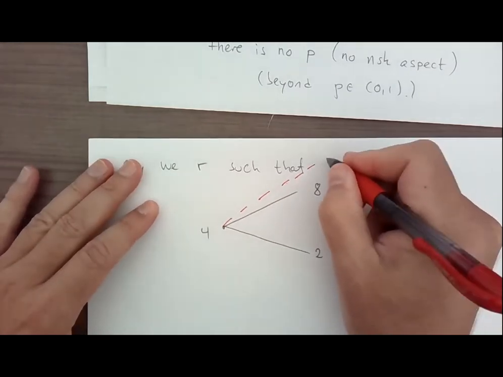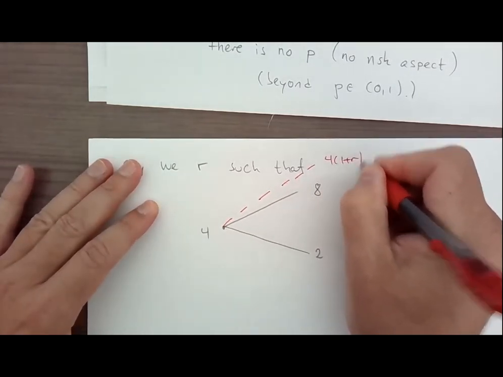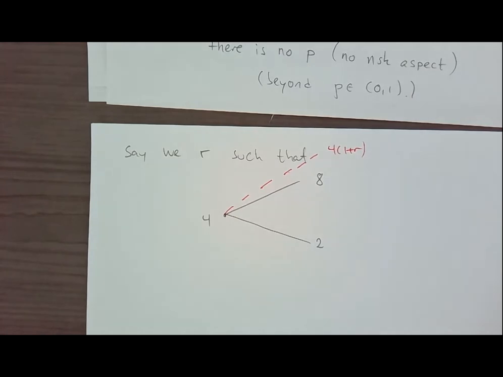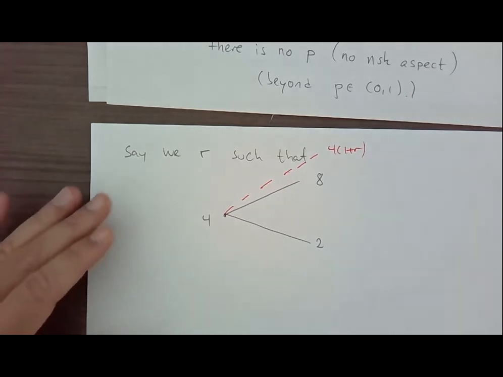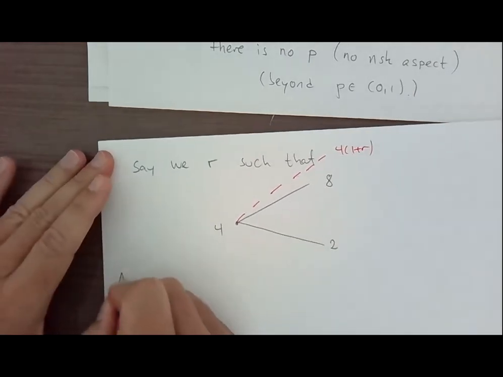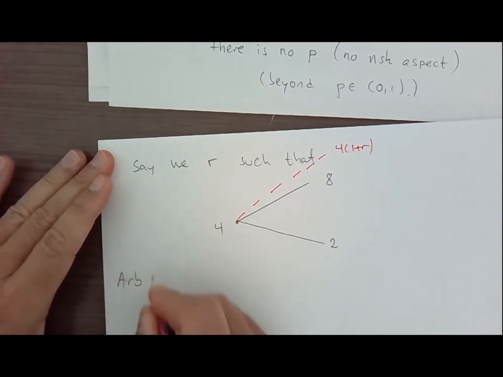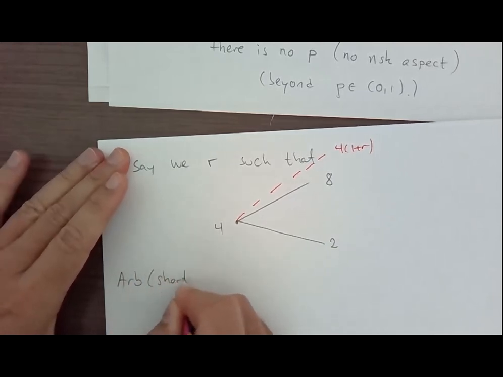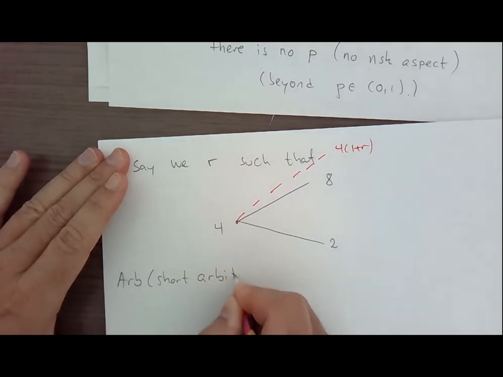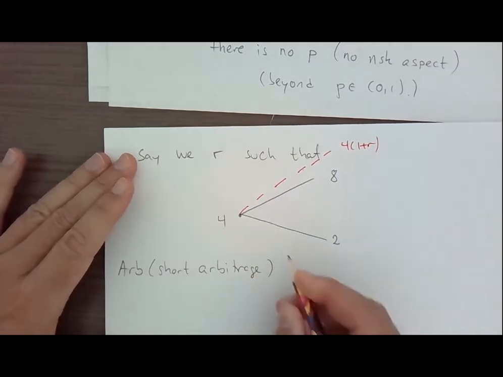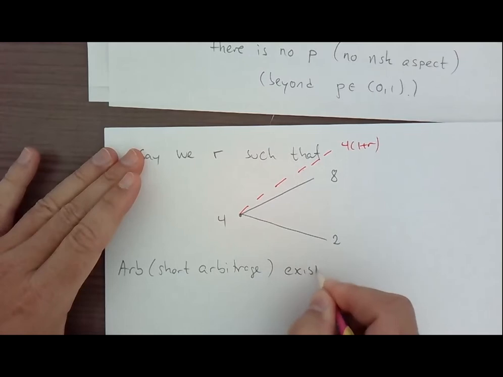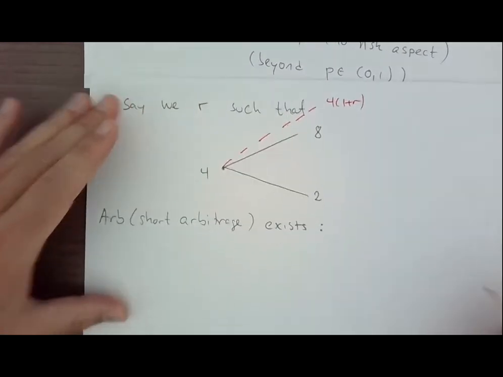Say that you go up to 4 times 1 plus R. Then what would you do? Then the arbitrage strategy, so ARB, this is just short for arbitrage. The ARB, it exists. What are we going to do?